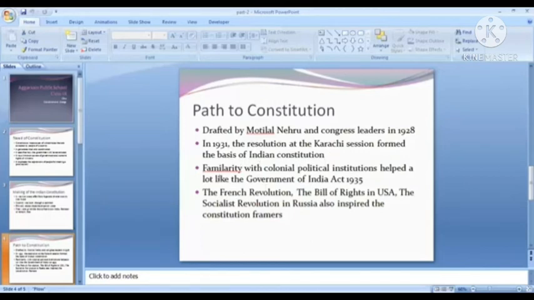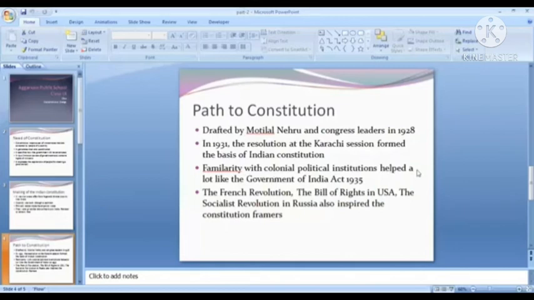Besides this, familiarity with colonial political institutions helped a lot, like the Government of India Act 1935. It means that the Indian leaders also participated in the colonial political institutions. Indians had familiarity with the rules and regulations, how the government can work, and this helped a lot to the Indian leaders in the setting up of the Indian Constitution.